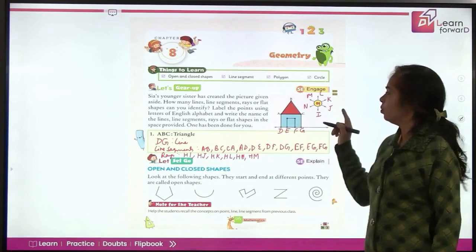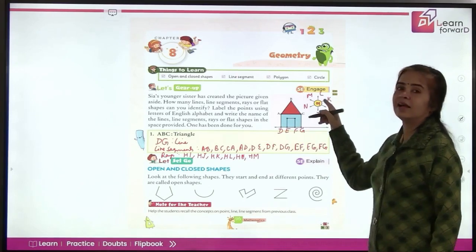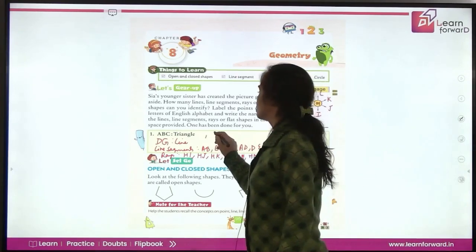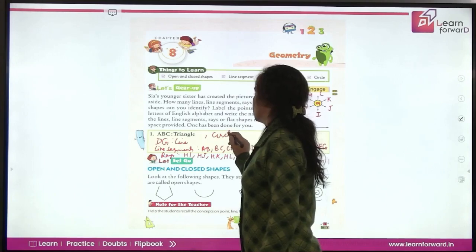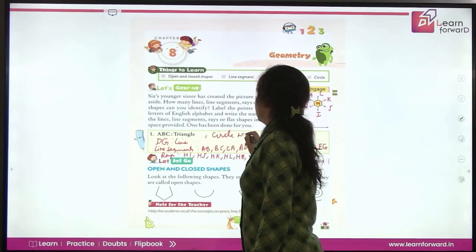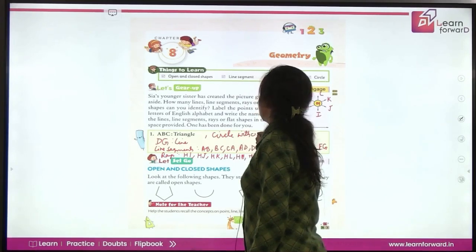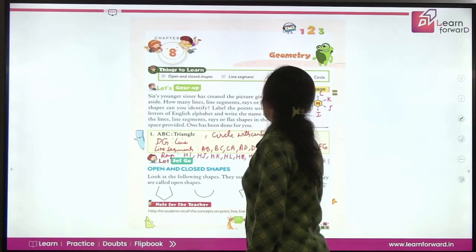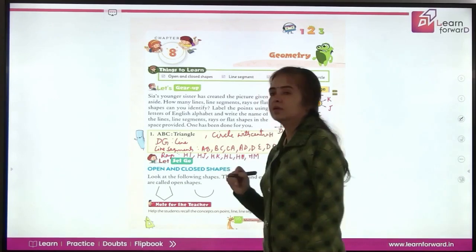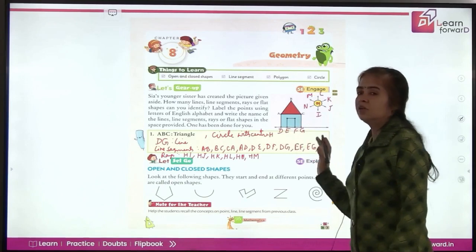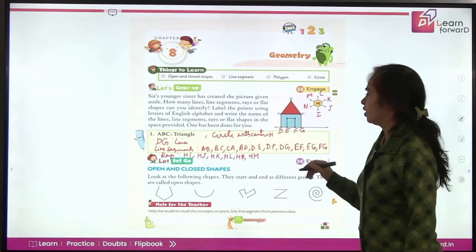And we see one more flat shape here, that is a circle. What is the center of the circle? With center H, right? So these are the different shapes that we identify in this picture.